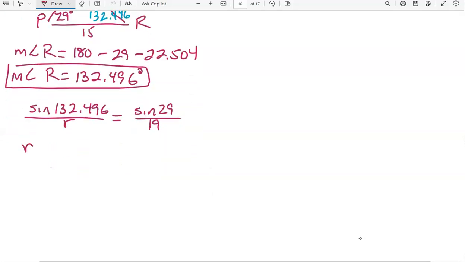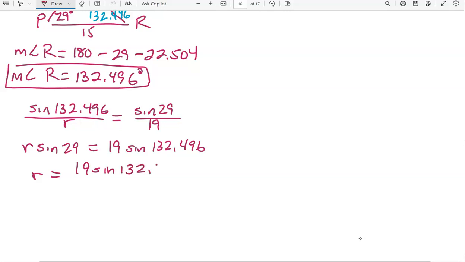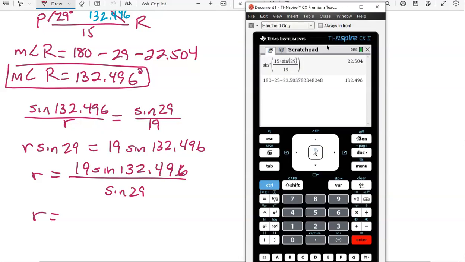Let's cross multiply. R times the sine of 29 degrees equals 19 times the sine of 132.496. And r is equal to 19 times the sine of 132.496 divided by sine of 29. And now we just need a decimal approximation.